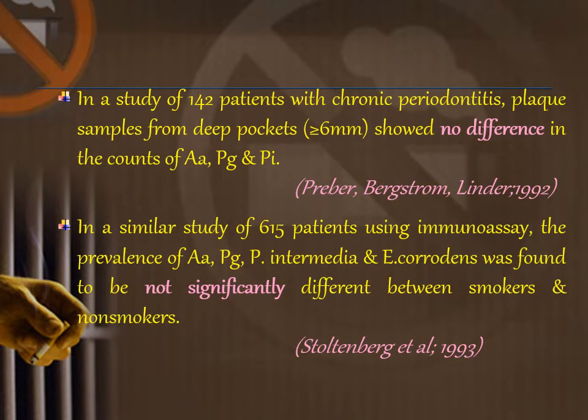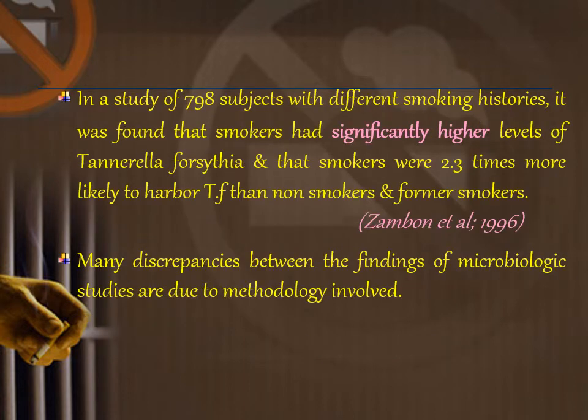In a study of 142 patients with chronic periodontitis, plaque samples from deep pockets more than 6 mm showed no difference in count of AA, PG and PI. In similar studies of 615 patients using immunoassay, the prevalence of AA, PG, PI and E. corrodens were found to be of non-significant difference between smokers and non-smokers.